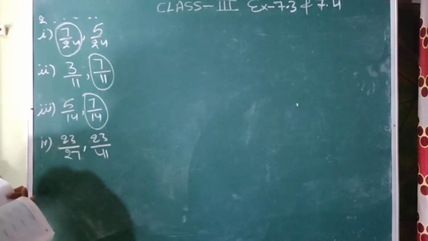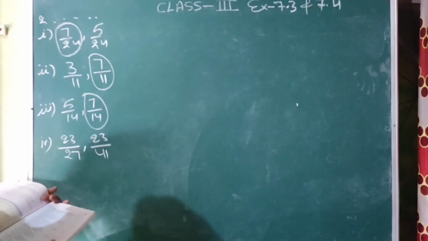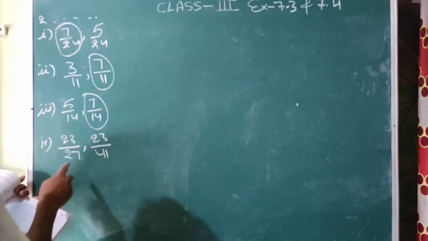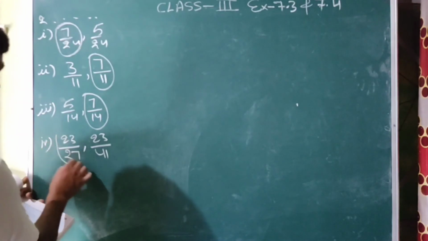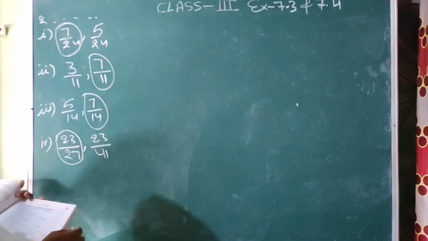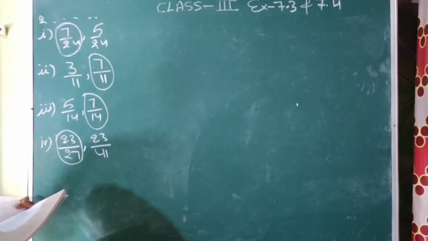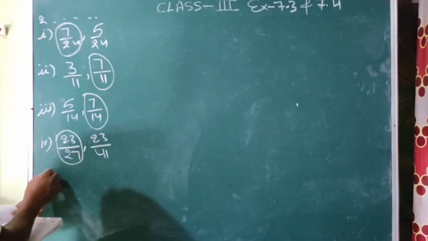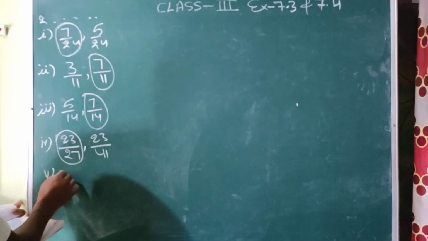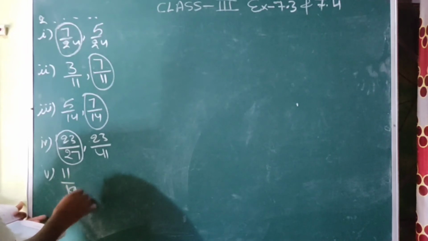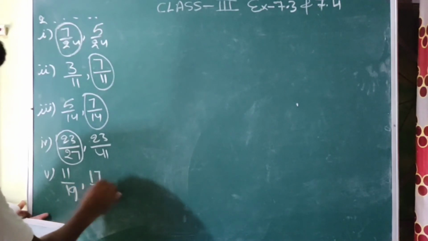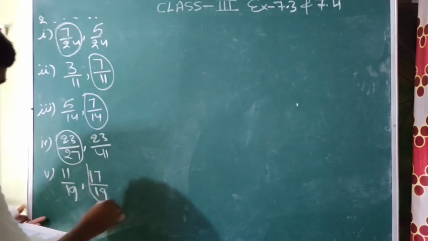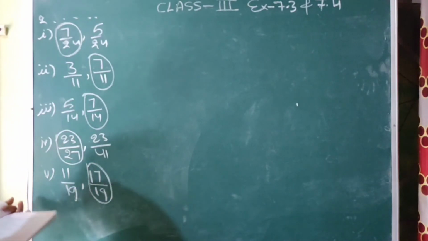Now the numerator is the same, so which denominator is smaller? This is smaller, so this will be the greater number. And then fifth part, 11 upon 19 and then 17 upon 19. So 17 is greater than 11.